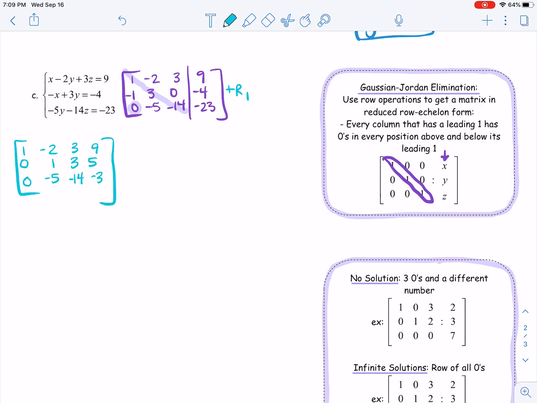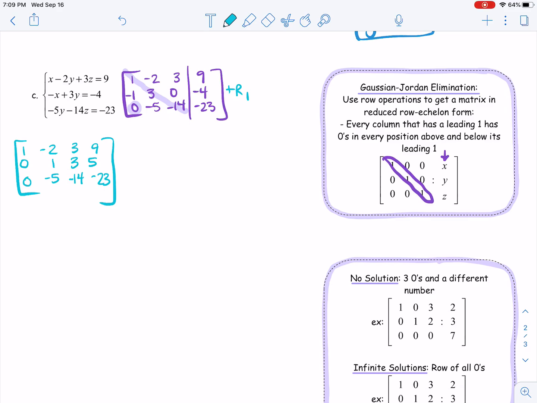So now I have 2 zeros underneath the diagonal. Life is good. Getting there, right? The helpful tip, like I said earlier, is get all your zeros first and then work on your 1s. So now my goal is to make that -5 a 0.